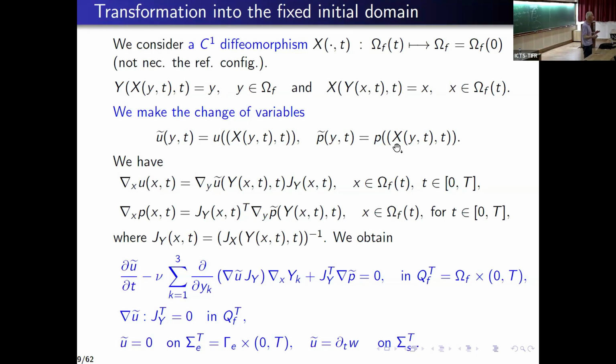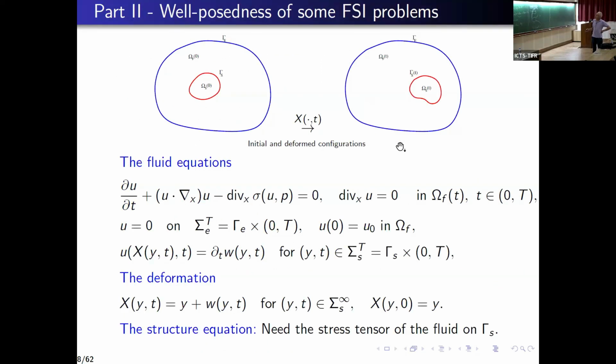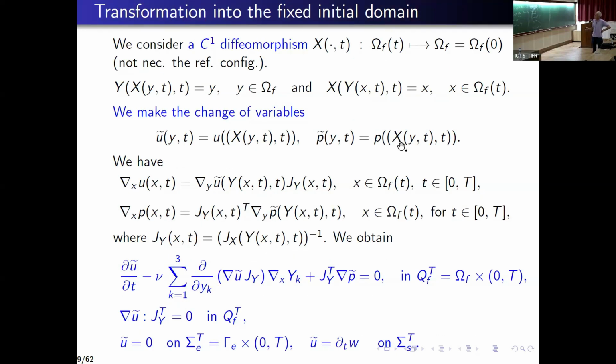I'm going to explain how I can choose X after. I assume that X is known. So I have a C1 diffeomorphism from omega ft into, sorry, I made a mistake, it is the reverse here. Okay, sorry for that.